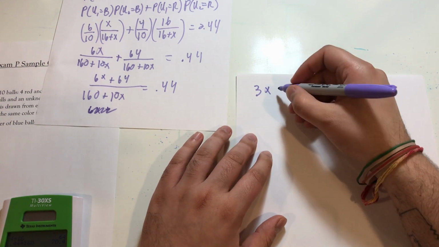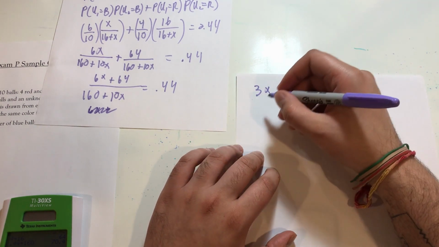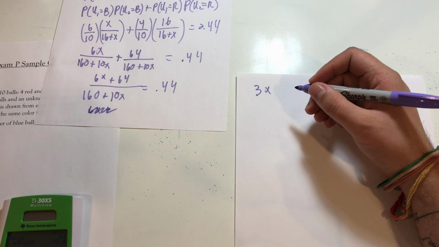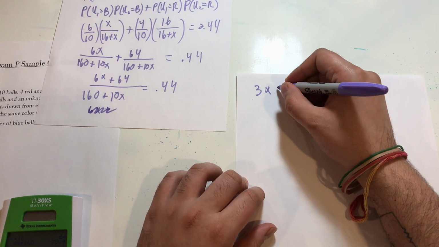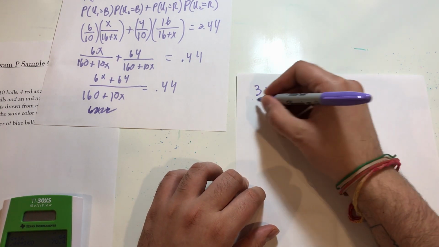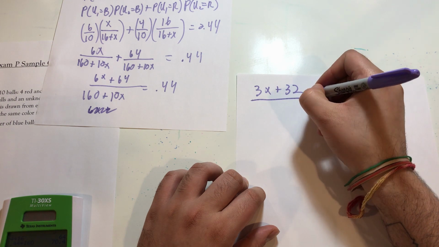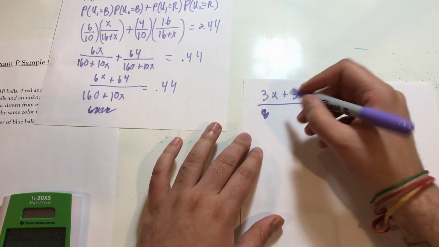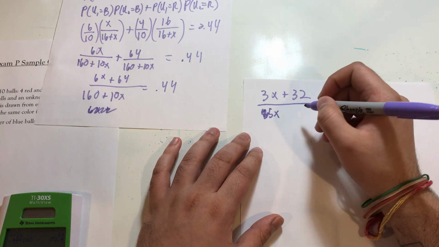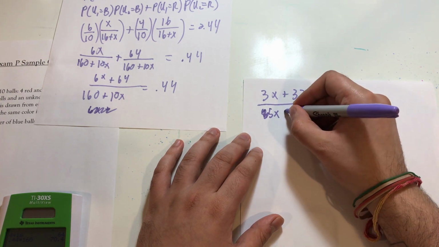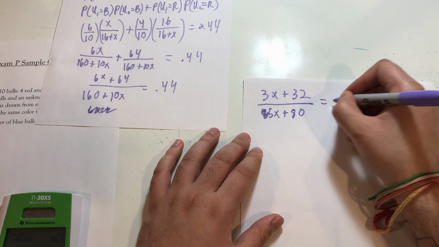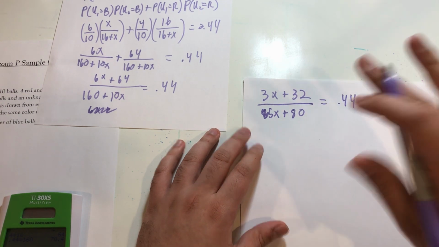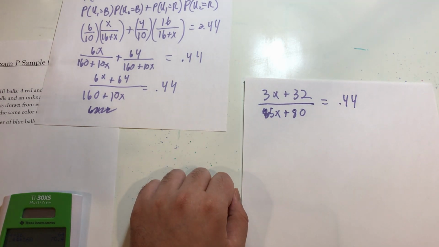This is maybe not going as fast because I want you to see me actually do out the problem. I didn't prep anything beforehand. Plus 32 over, I'm going to switch the signs of those, 5x plus 80. And that's equal to 0.44, and that's what I'm going to use.